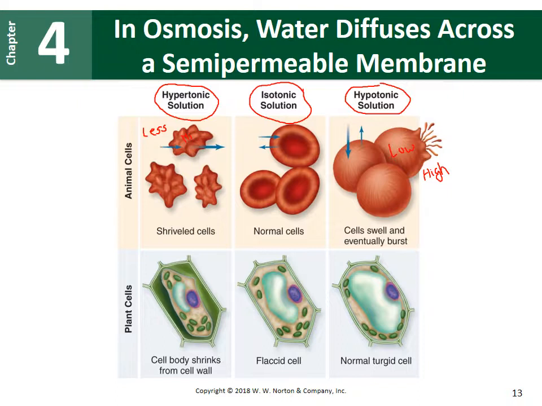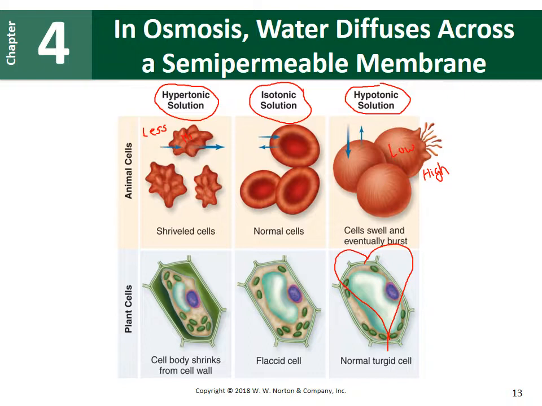In plant cells, plants really like this type of environment. Water will flow into the plant cell, but plant cells have a cell wall around them that prevents too much water from flowing in. So plant cells will fill up with water, they will be very turgid or rigid, and this will allow plants to stand up against gravity.